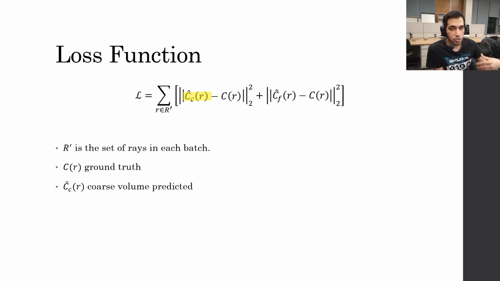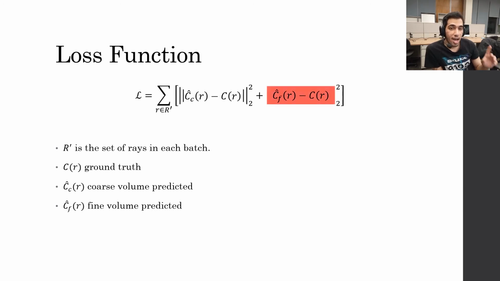By using them, we were able to predict a specific color, and that's C c. Then we use that hierarchical method to increase our number of samples around the edges. With those new data and also the previous data that we had, we were able to predict a different color, which we call C f, the fine volume color.